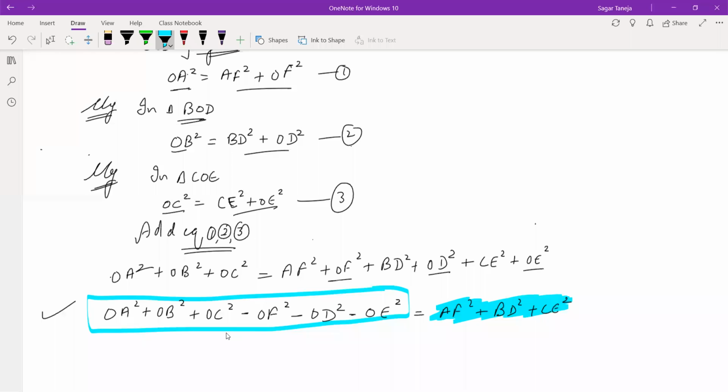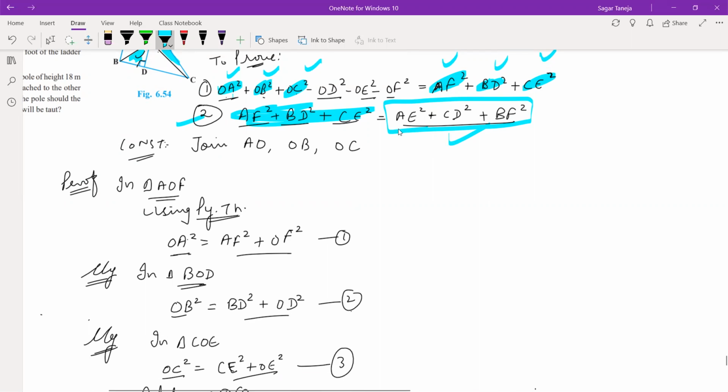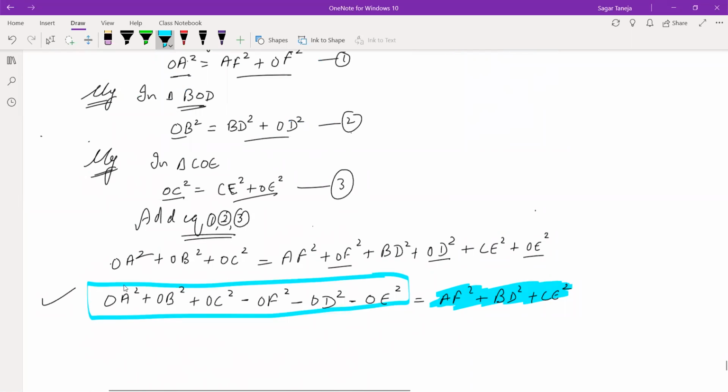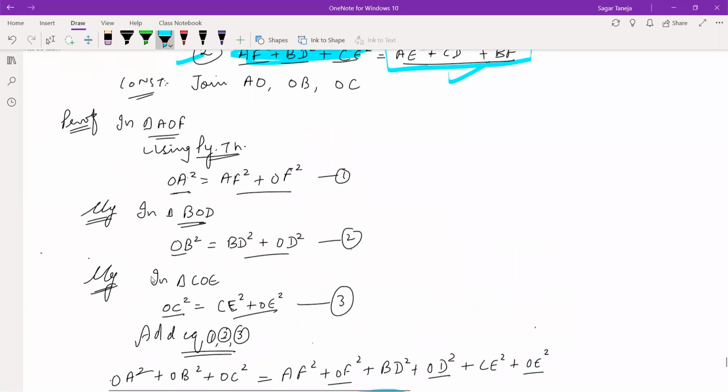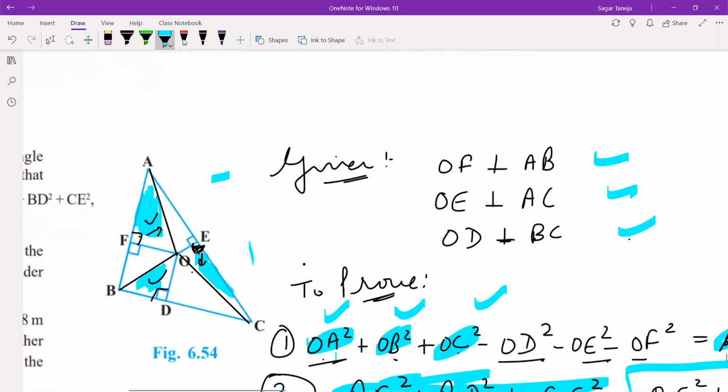Now with the help of this LHS, we have to make this as AE, CD and BF. So let us check out. OA. Okay, we have to see the arrangement in the figure. Let us see OA. Here it is OA.